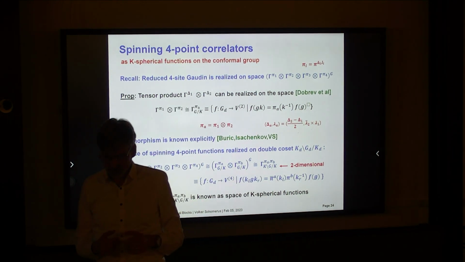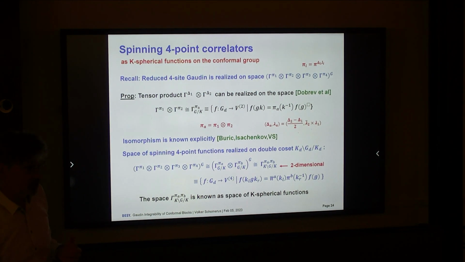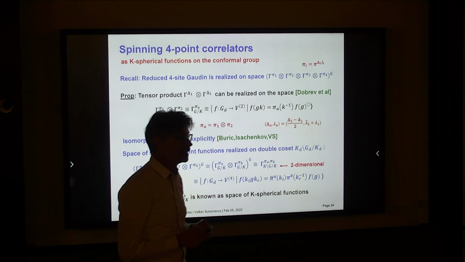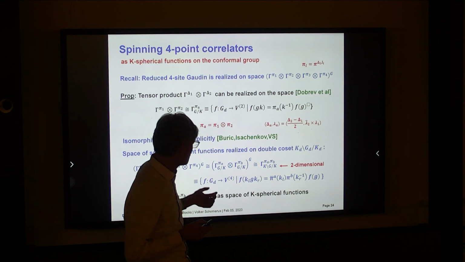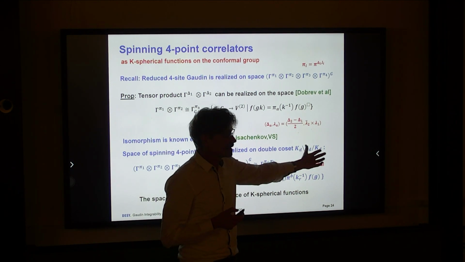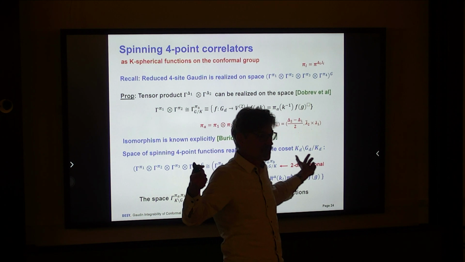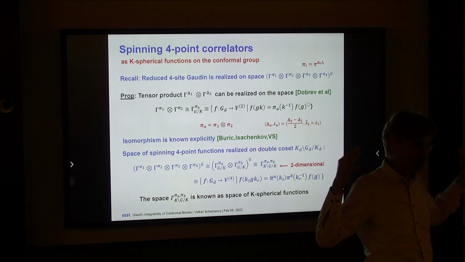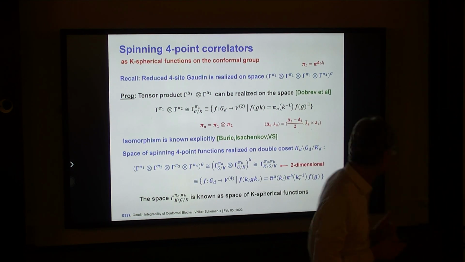On this space of functions, you can embed your correlation functions in the space of functions on the conformal group. And this double coset, the conformal group divided by this K group, where K was dilation and rotation, is a 2-dimensional space. And this dimension is of course the number of cross ratios.